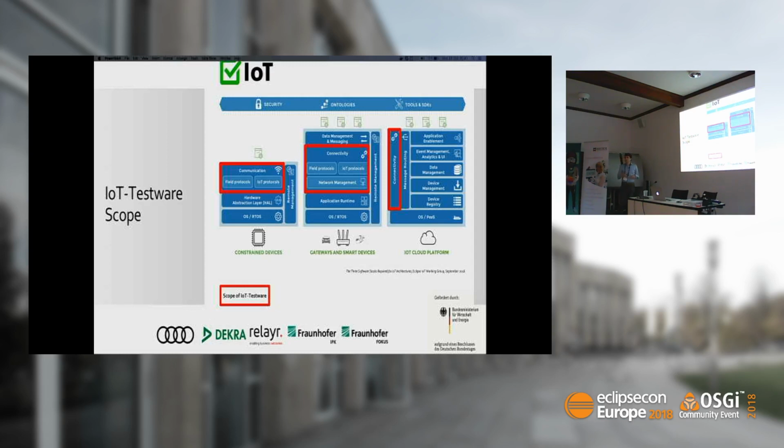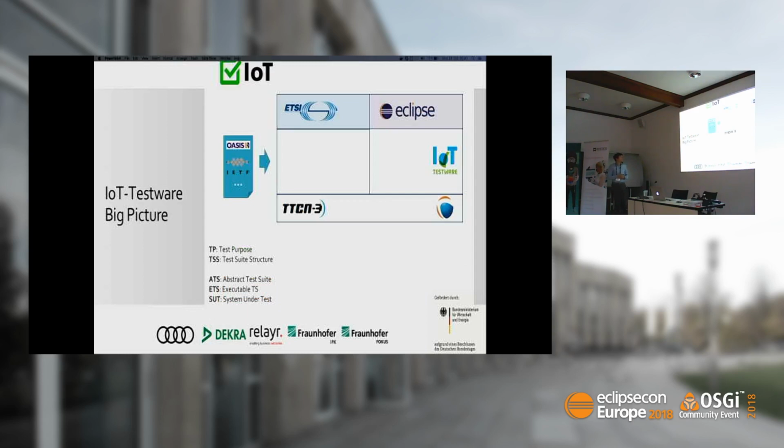At the moment, we are also breaking it down more and more, going over the horizon and looking at other parts, but this was the initial thinking about the IoT-Testware. So what are we doing? I said we have two parts: the standardization and the reference implementation.